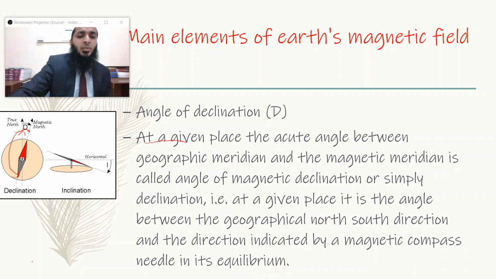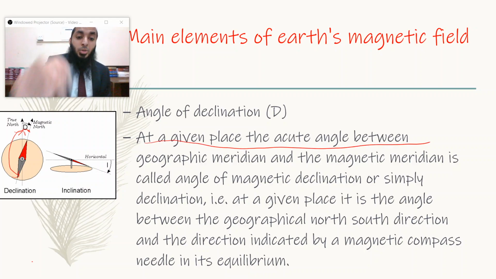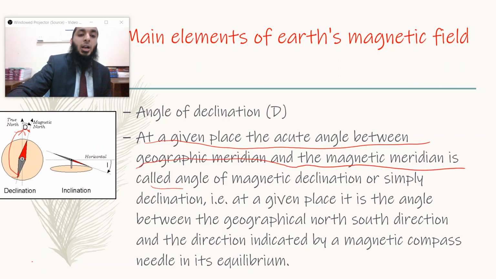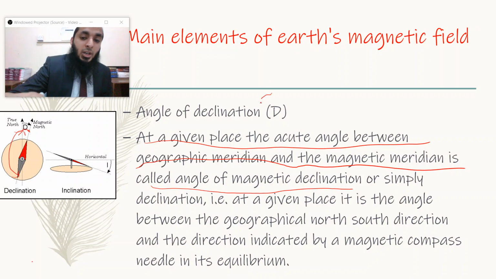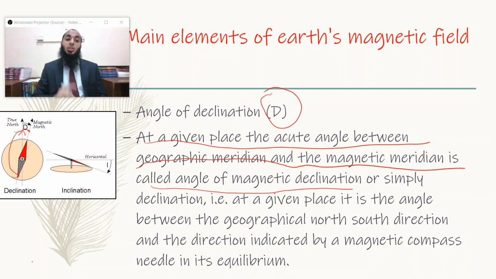So yes, at any given place, the acute angle between the geographic meridian and the magnetic meridian is called the angle of magnetic declination, or simply declination. It is represented by D, or in this case we have used phi also in the previous slides. So phi is what we use in this slide, but angle of declination can be represented by capital D also. That is the standard representation.